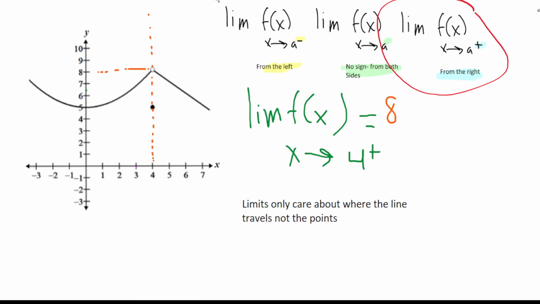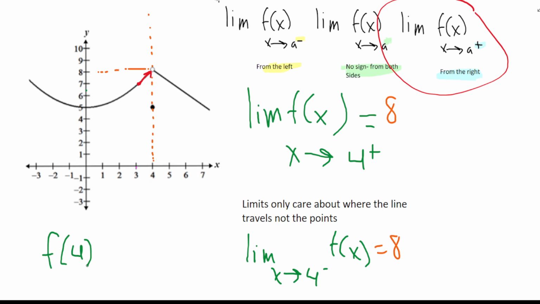So that's just going to be 8. And if I were to ask you, what is the limit as x approaches 4 minus of f of x? It's the same idea where you go slightly away from 4 on the left, and see what y value it approaches. Once again, it's going to be 8.